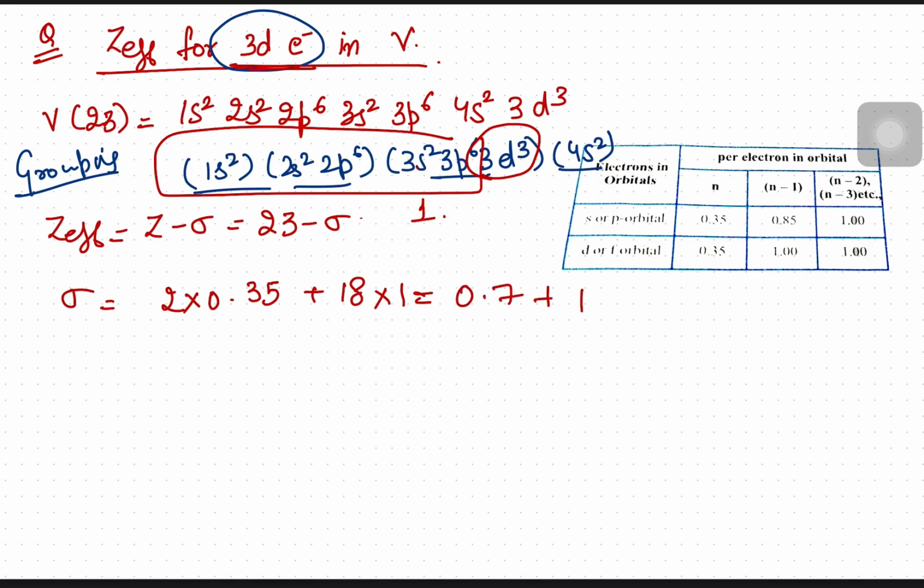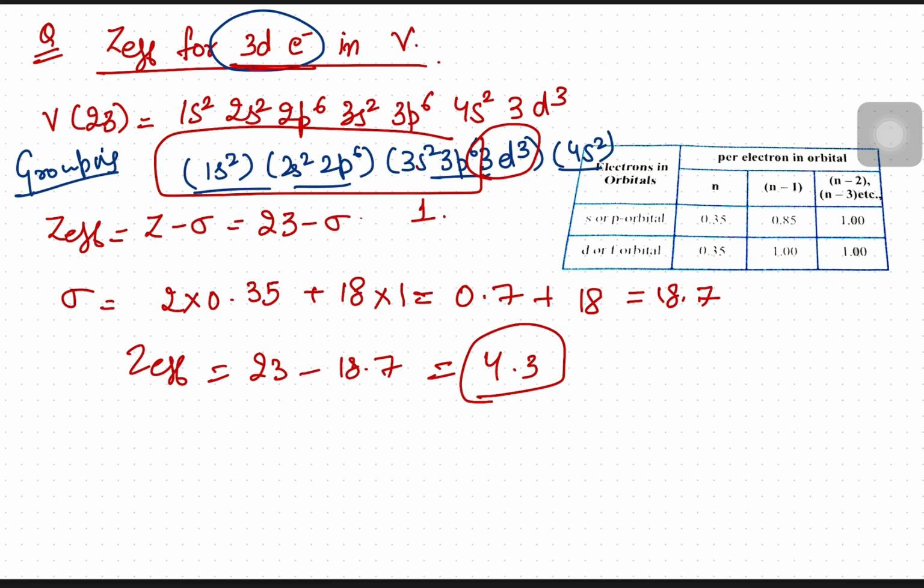It is 0.7 plus 18. So what is it? 18.7. So Z effective will be 23 minus 18.7. It is 4.3. Okay, it's very simple.